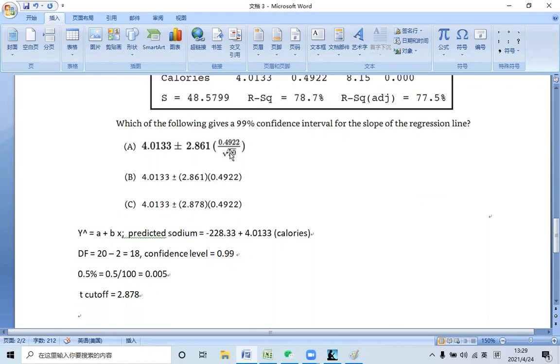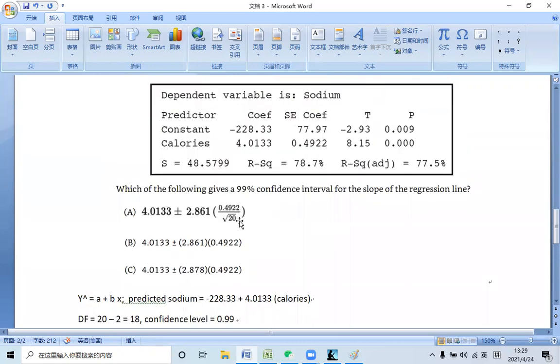Now, how would you find the standard deviation? Now you have a sample size equal to 20. So you'll be looking for this kind of guy.